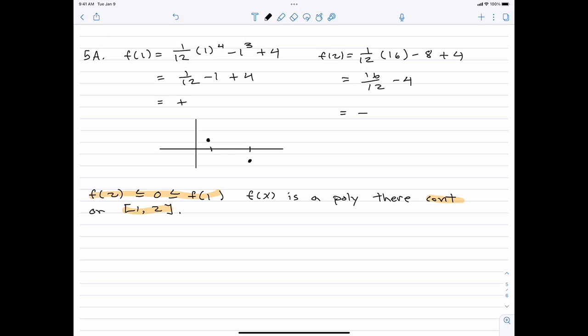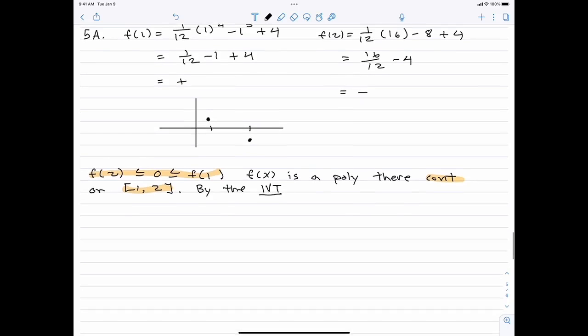So now, conclusion. What is my conclusion? So I can say, by the intermediate value theorem, name the theorem. Please name the theorem. Don't be one of those people who doesn't name the theorem. You've got to name the theorem, okay? So by the intermediate value theorem, there must exist a c.